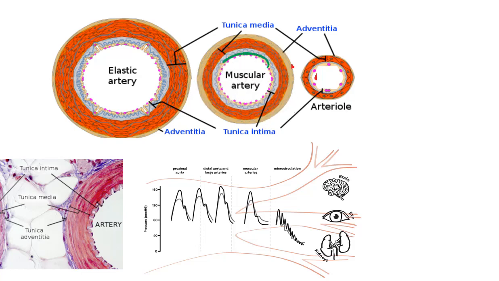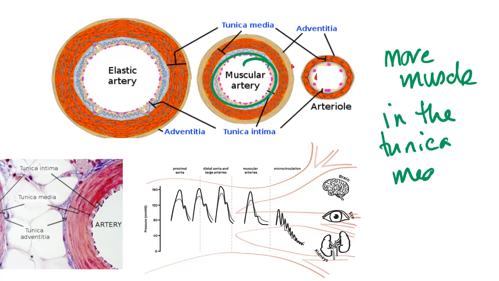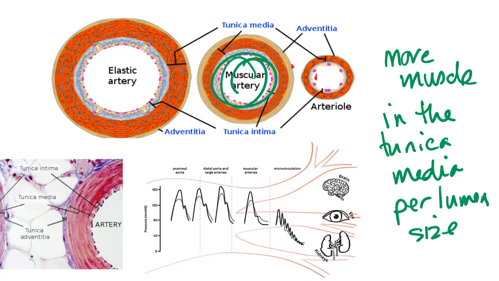So muscular arteries have more muscle in the tunica media per lumen size. That means for how big the hole is that blood goes through. So there's actually more muscle in the wall that's affecting the radius or diameter of the actual lumen size.